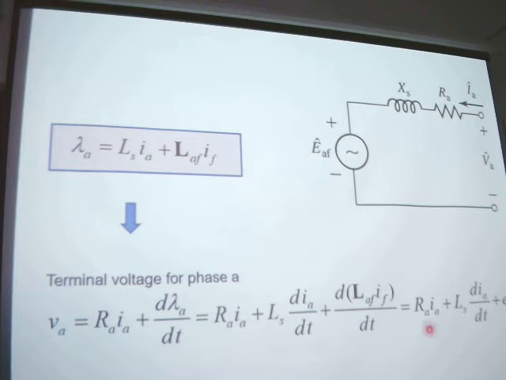So it's the voltage drop, and the back EMF. The sum of these three items is the terminal voltage for the stator. This here is for phase A. And similarly we can calculate phase B and phase C.